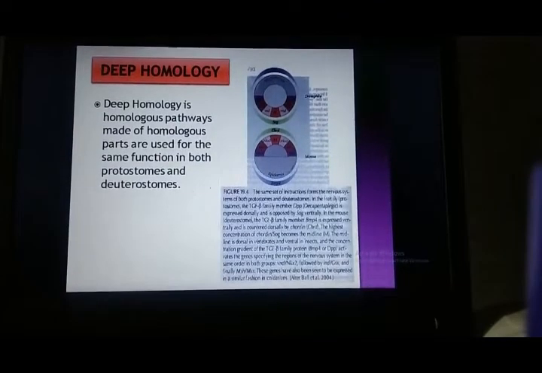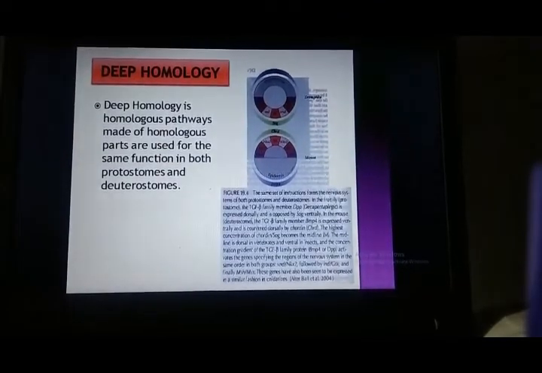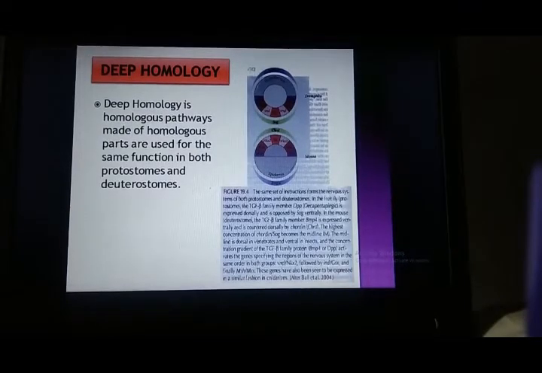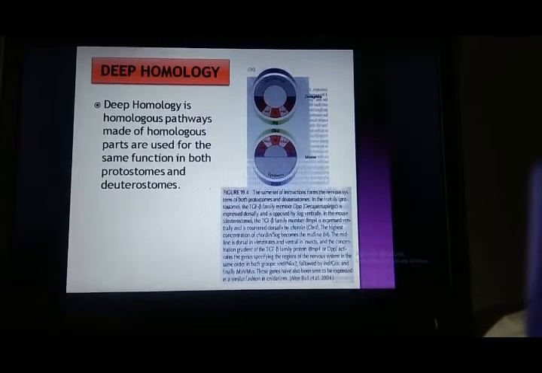Okay, the next is about deep homology. Deep homology is when homologous pathways made of homologous parts are used for the same function in both protostomes and deuterostomes. Okay, as you can see, the picture is about the Hox genes too.